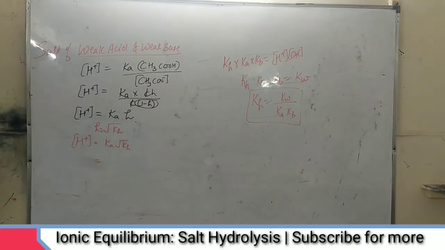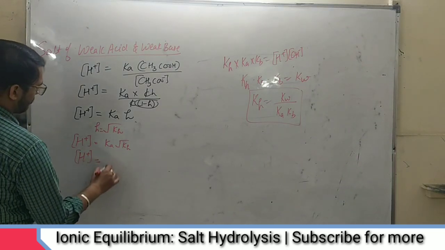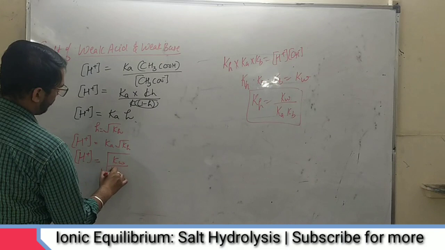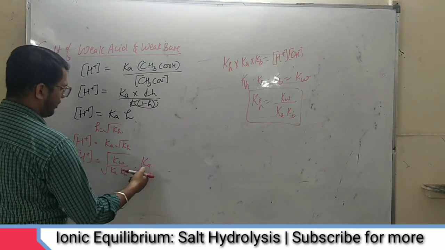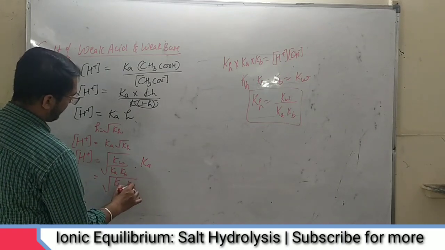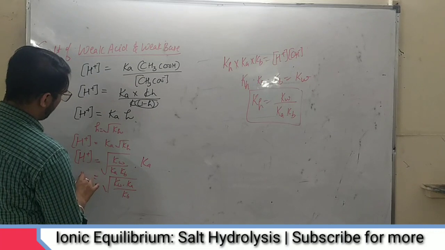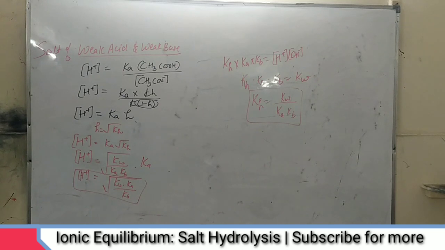So our H positive comes out to be under root Kw into Ka over Kb. This is the H positive ion concentration.